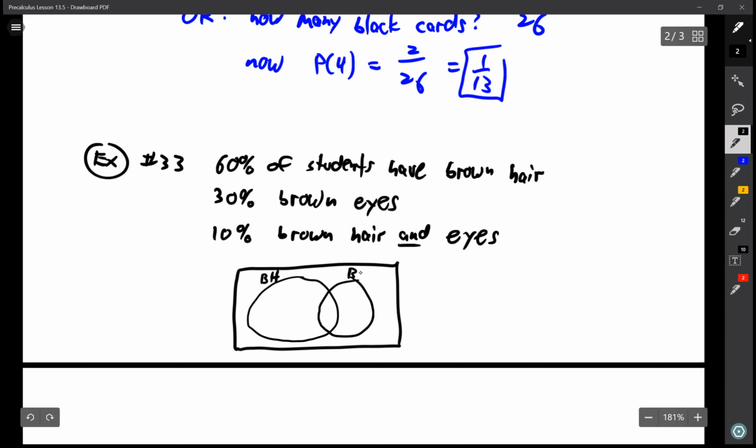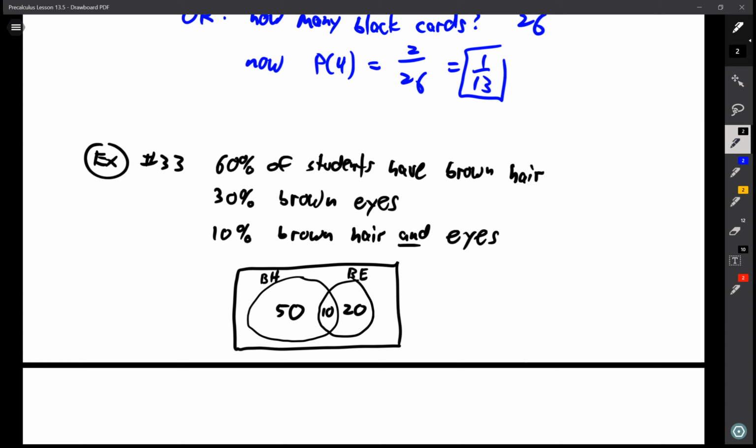This is brown eyes. And 10 people are in this overlap. So if there were a total of 60 that have brown hair, then that leaves 50 that have brown hair but not brown eyes. And then if there were a total of 30% with brown eyes and 10 of those have brown hair and eyes, then we'd have 20 here that have only brown eyes but not brown hair.